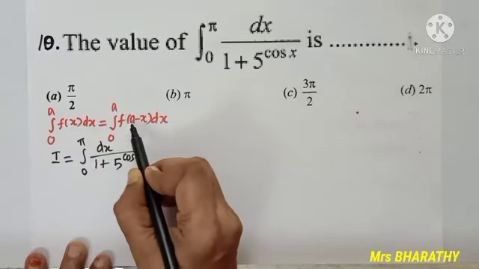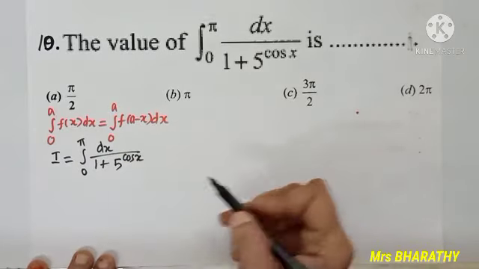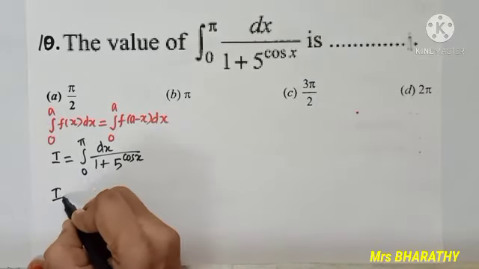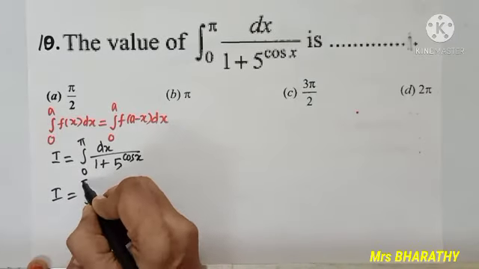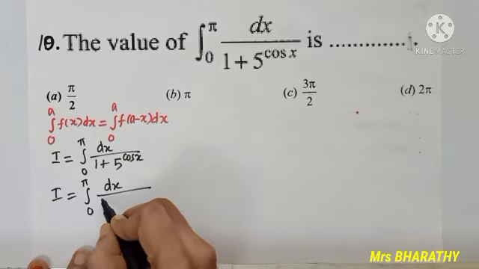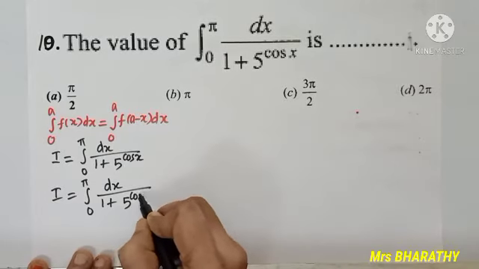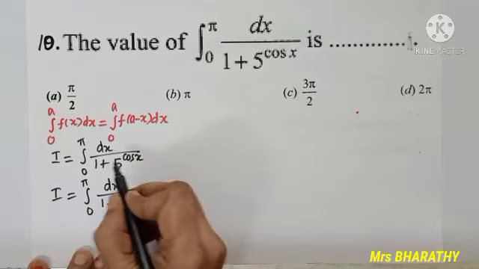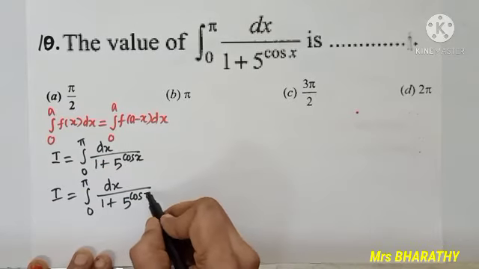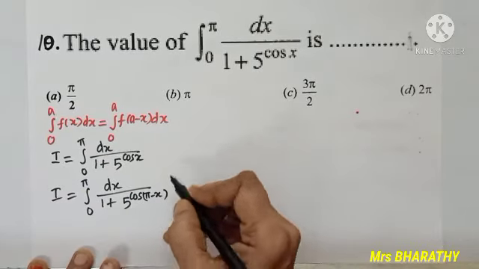Wherever x is coming, put a minus x. As I substitute, I becomes integral 0 to pi dx by 1 plus 5 power cos. Wherever x comes, I put pi minus x.